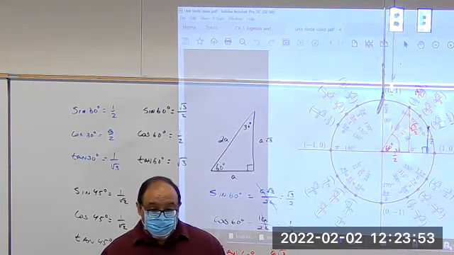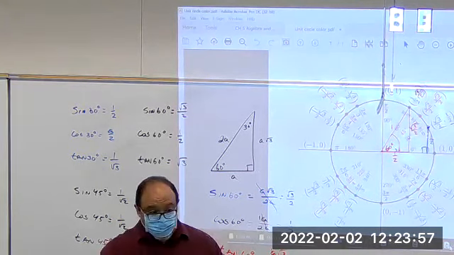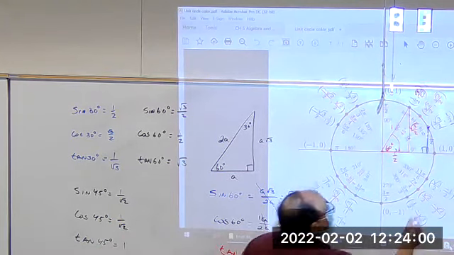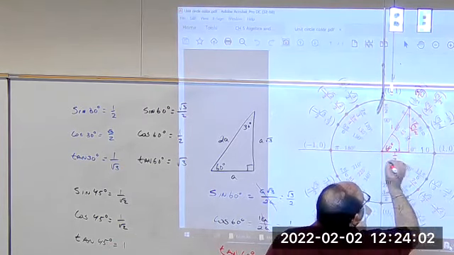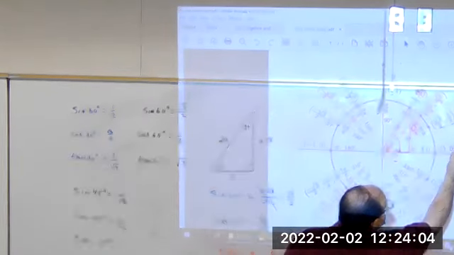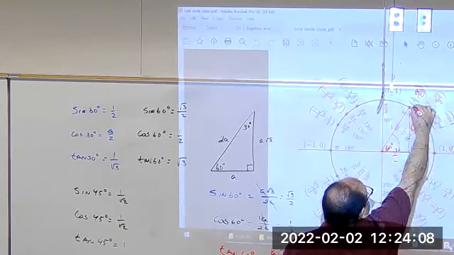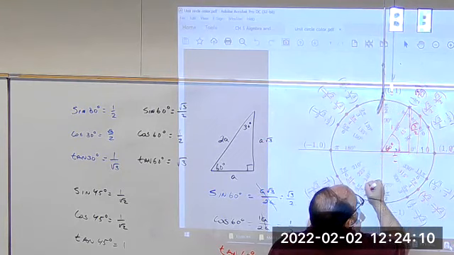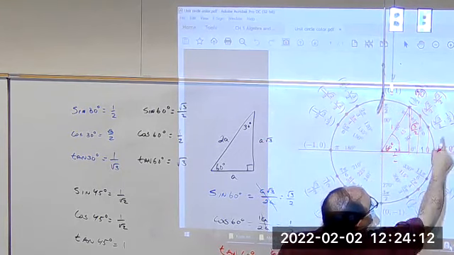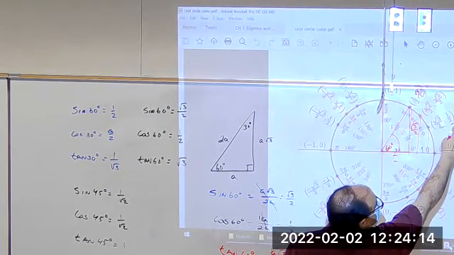But 30 is the smallest one. So it's got the smallest answer for sine, 1/2. As you go up around the circle, the y's get bigger because right here, y is a 0. But as you go around the circle, that's the y, then there's your y, then there's your y. Then up here, that's the biggest y you're going to get, 1. The smallest y is a 1/2.